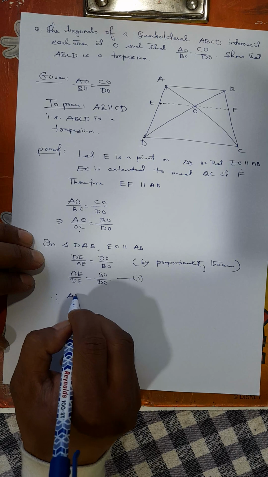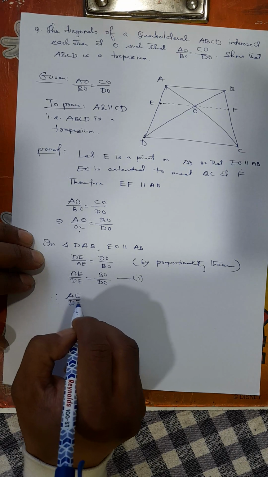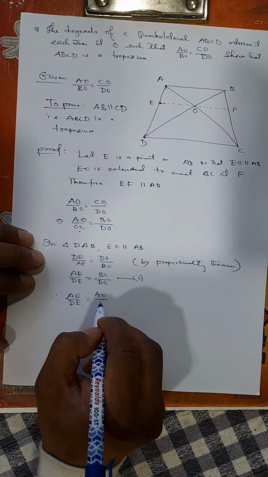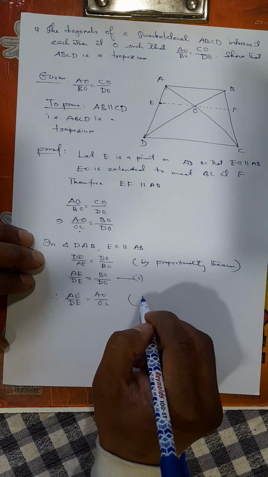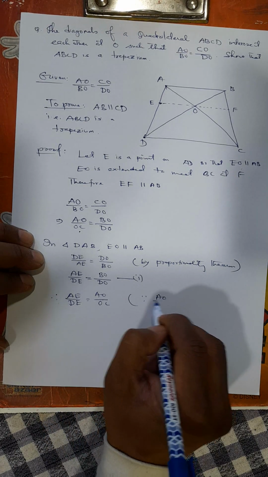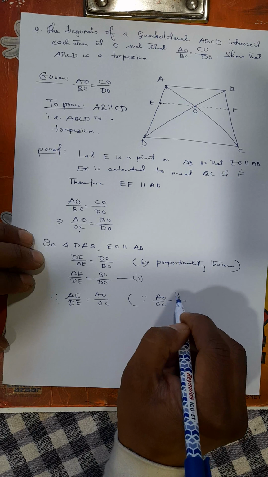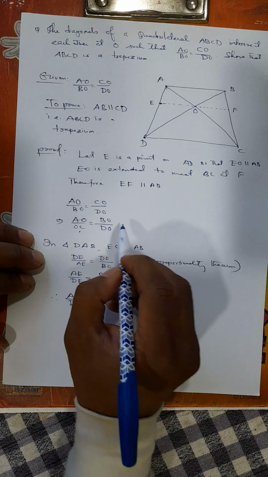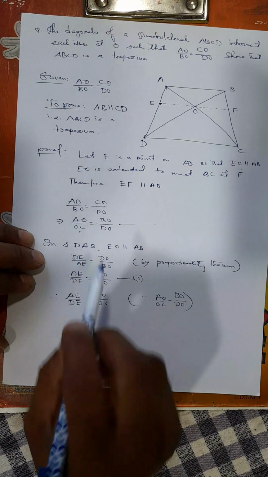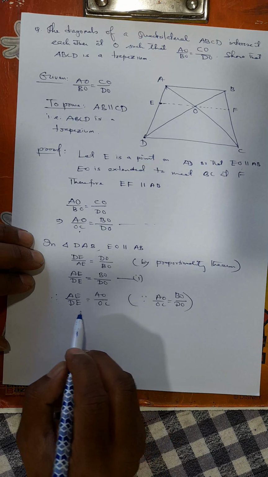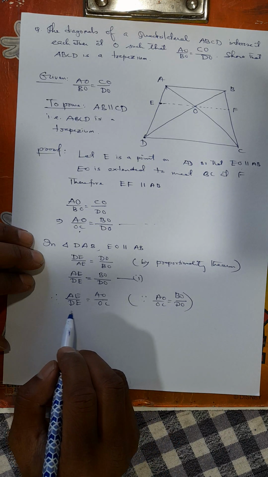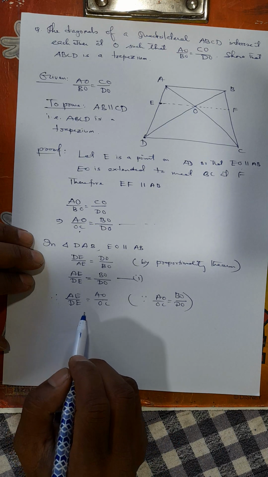Therefore, AE by DE equals AO by OC. Why? Since AO by OC equals BO by DO. This we proved earlier, right? So you find that in triangle ADC, AE by ED equals AO by OC.